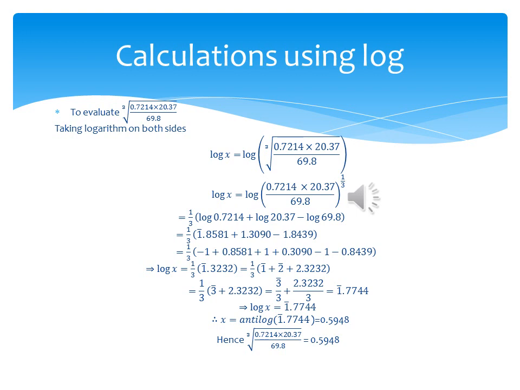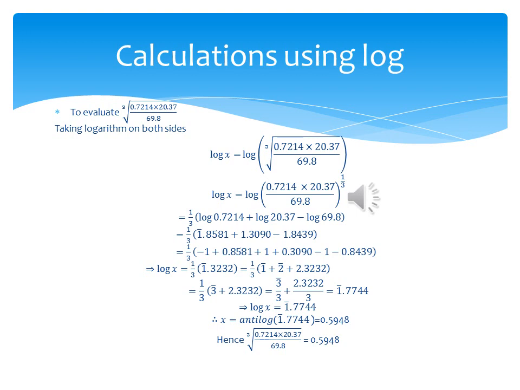So you get bar 3 plus 2.3232. So separately we divide it. Bar 3 divided by 3 becomes bar 1 and 2.3232 divided by 3 becomes 0.7744. Adding both, we get bar 1.7744. So what we have is not the value, we have that value is log x.